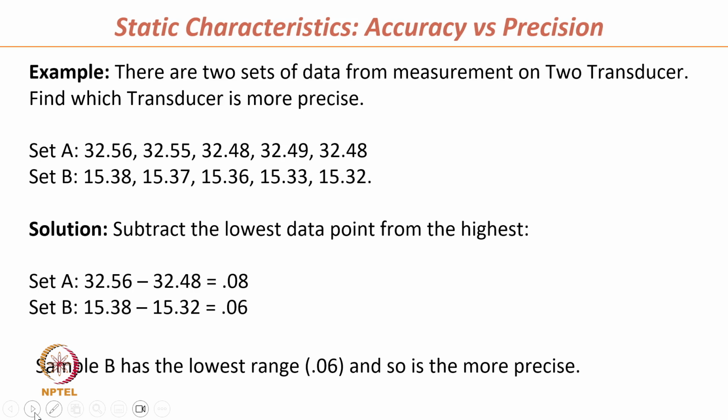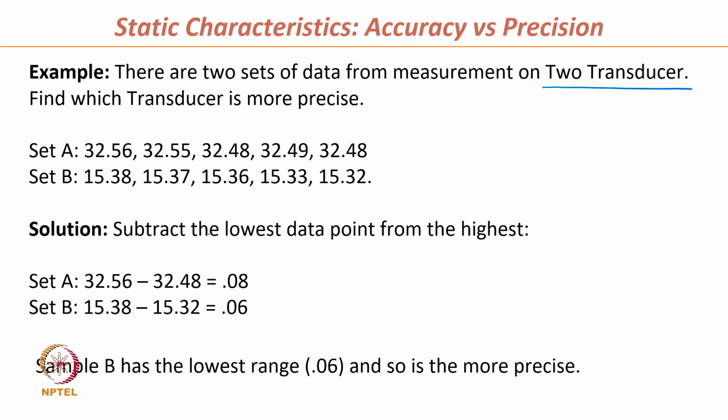This is another example of accuracy and precision. Let us say there are 2 sets of data from measurements on 2 different transducers, set A and set B. Set A measurements are 32.56, 32.55 and so on. Set B is 15.38, 15.37, and we need to find out which one is more precise.